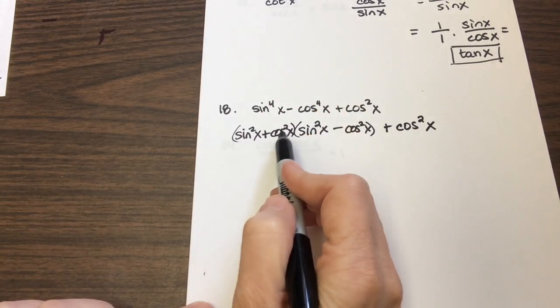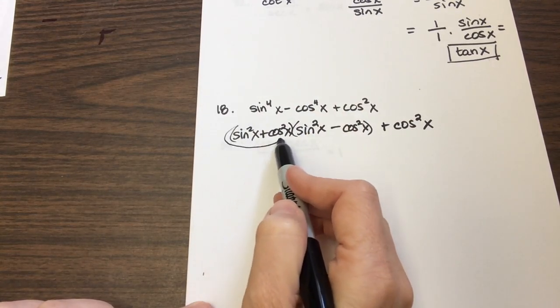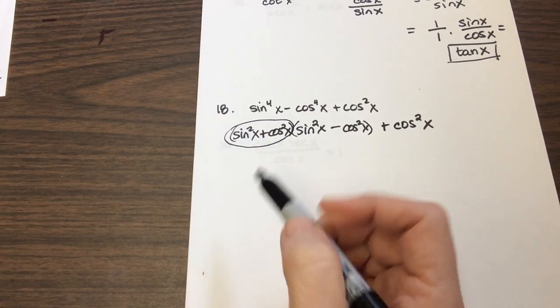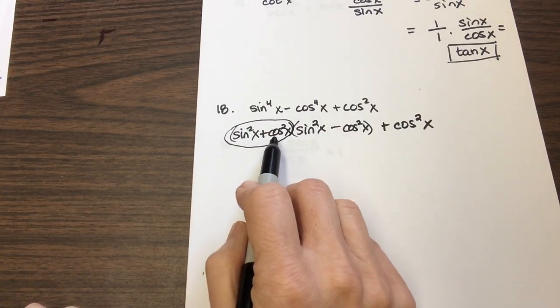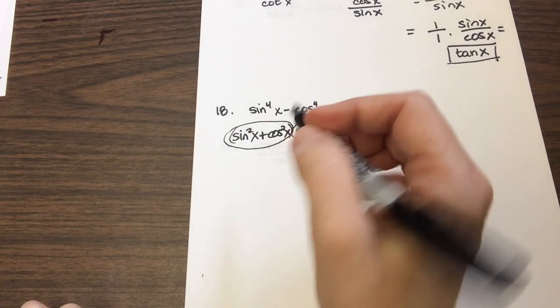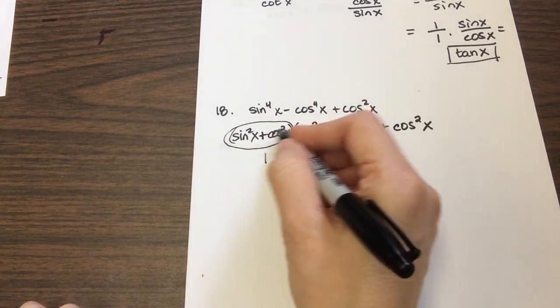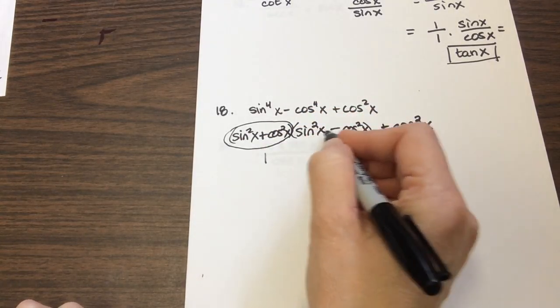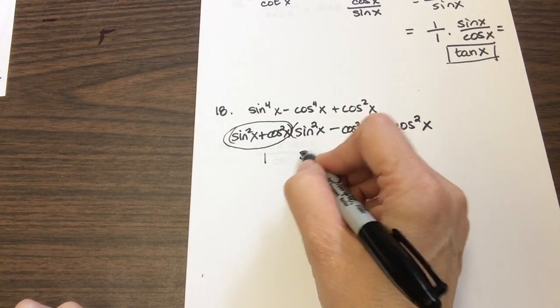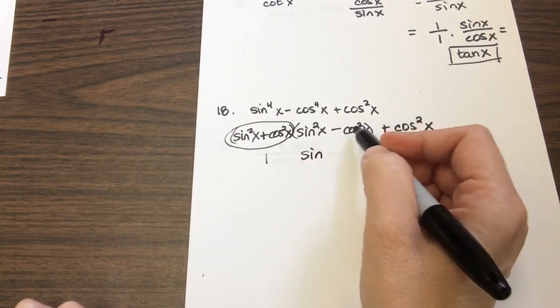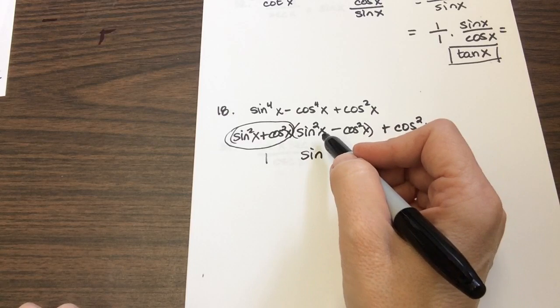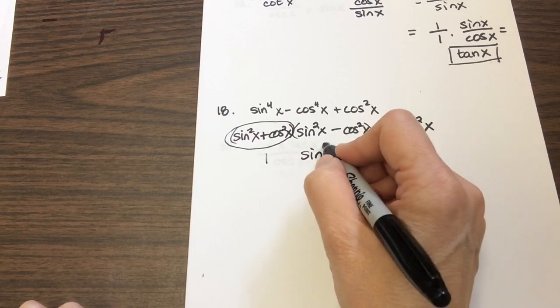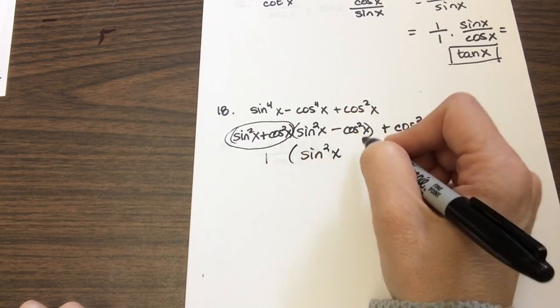Well, ding ding ding, I'm looking at something squared here, and I have a Pythagorean identity that tells me that sine squared of x plus cosine squared of x is 1. So that whole thing simplifies to 1. And then I'm just going to leave that. I can't rewrite that as 1 because my identity is sine squared plus cosine squared. So this is just going to stay.